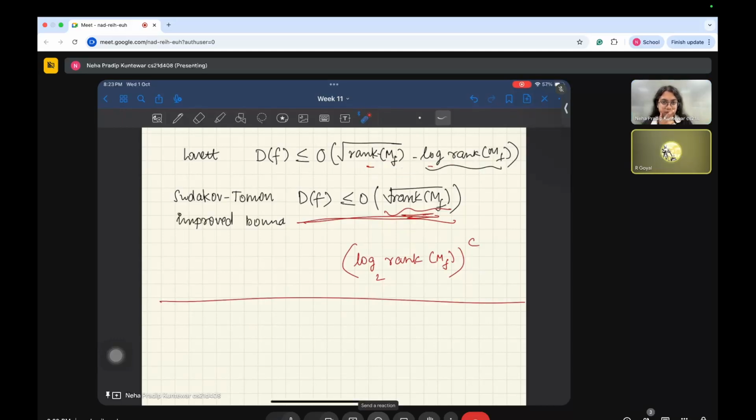This is what came earlier, and then Sudakov and others improved it to this. And what about this one, the log of the rank of M_f, is this a conjecture only? Yes, we still do not have any proof of it. Ideally we want to show this, but we don't know. So there's a huge gap here.